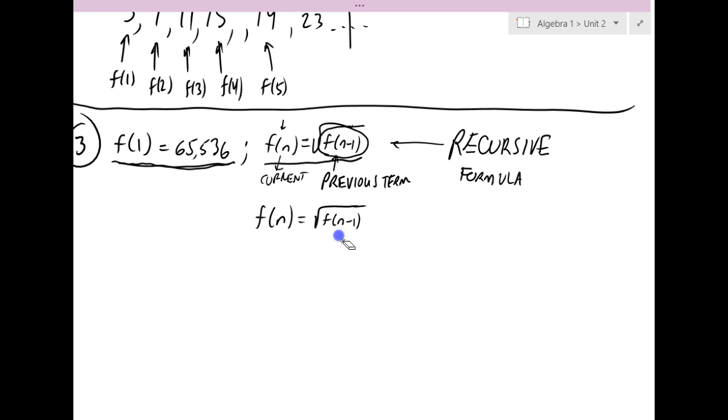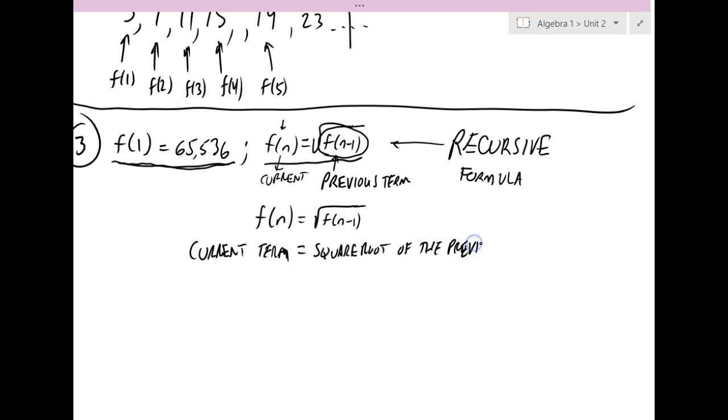The current term is f of n, that's the term we're trying to find, is equal to the square root of the previous term.